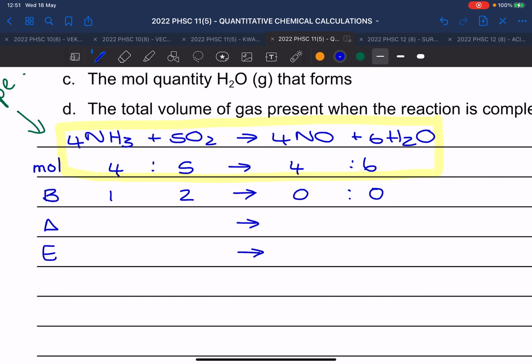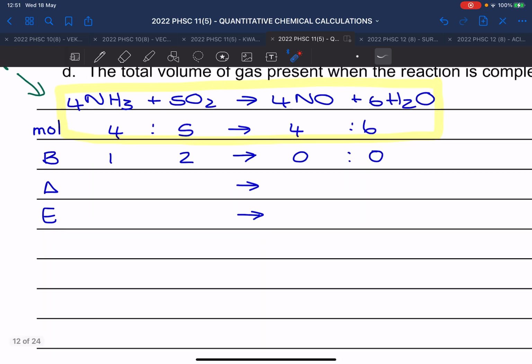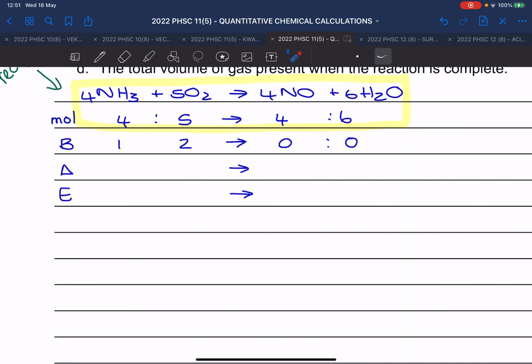Okay. Now we must check. Am I going to write -1, -2 to give me 0 and 0? No. I need to figure out if I use 1, how much of that will I use? It's like the bread and the cheese. So I'm going to do this slowly. You're going to see I'm going to move faster as we go on. I'm going to first write 4 ammonia versus 5 oxygen.